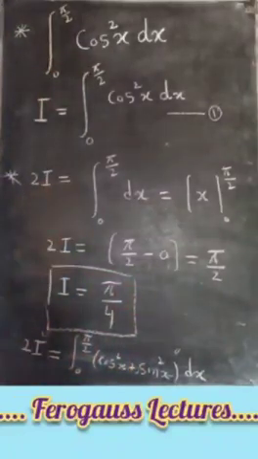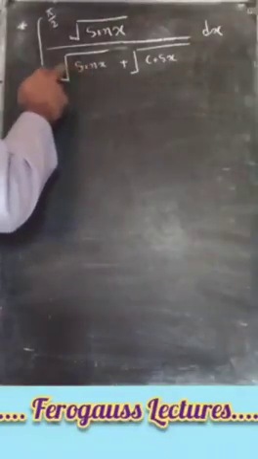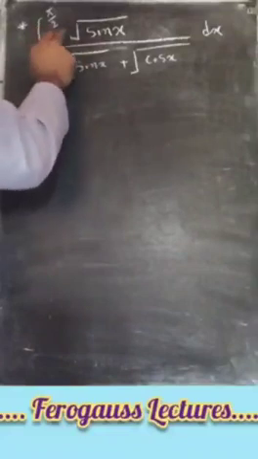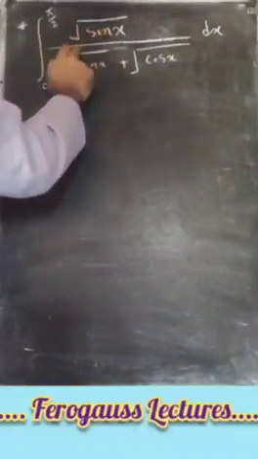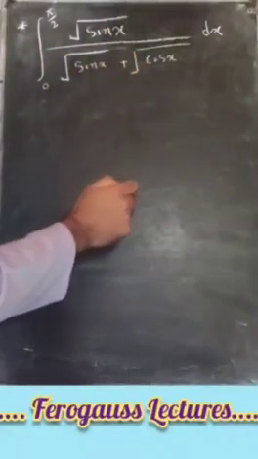Okay. Now our next question is, here we have to evaluate this definite integral, that's integral 0 to pi by 2 square root of sine x divided by square root of sine x plus square root of cos x.